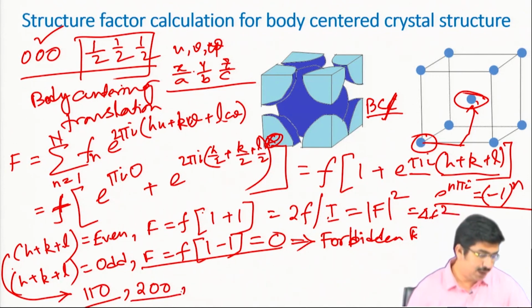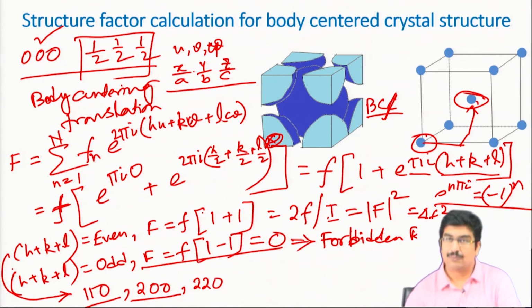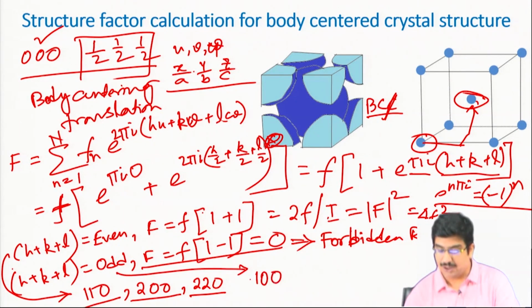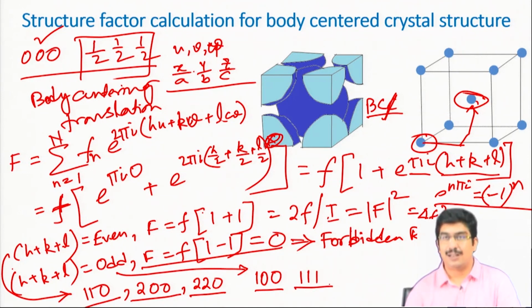The third one we can write is 2 2 0, so this will give us another reflection. What will not give, that means the odd condition, let us say 1 0 0, h plus k plus l is odd, this will not give us any intensity for the diffracted beam. Then 1 1 1 will not give anything. So these are the forbidden reflections in case of a body centered crystal structure.